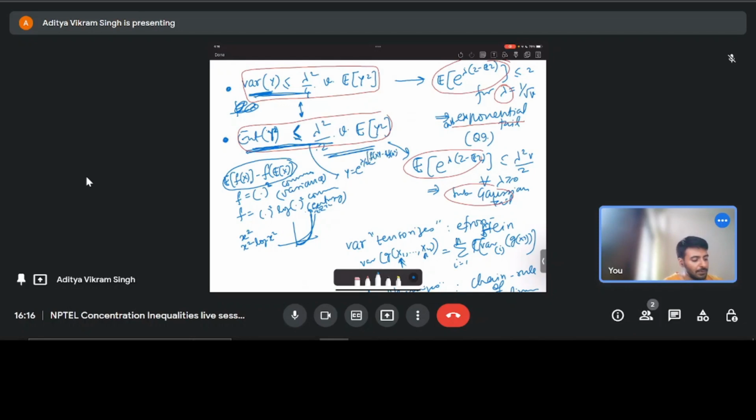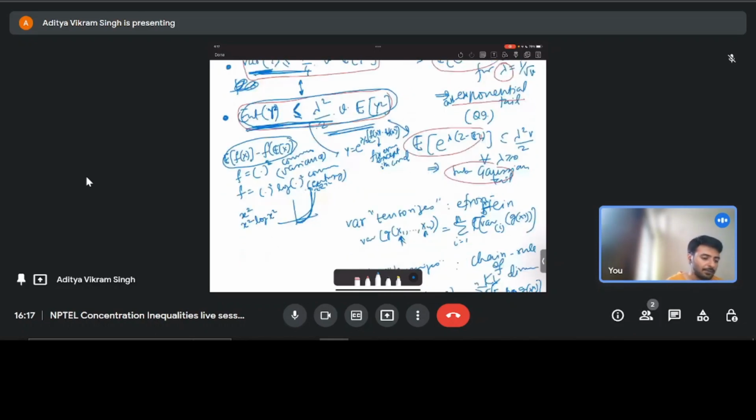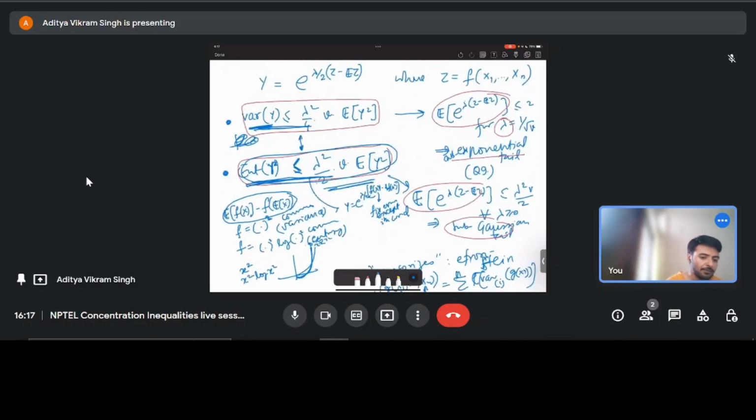Now in this f of xn, you can fix everything except the ith coordinate, compute this entropy with respect to that, and do it for every coordinate. After doing all that, you can check if you get this inequality here. This is how we proved the log Sobolev inequality in this lecture, and how we proved Gaussian Poincaré in the last lecture.